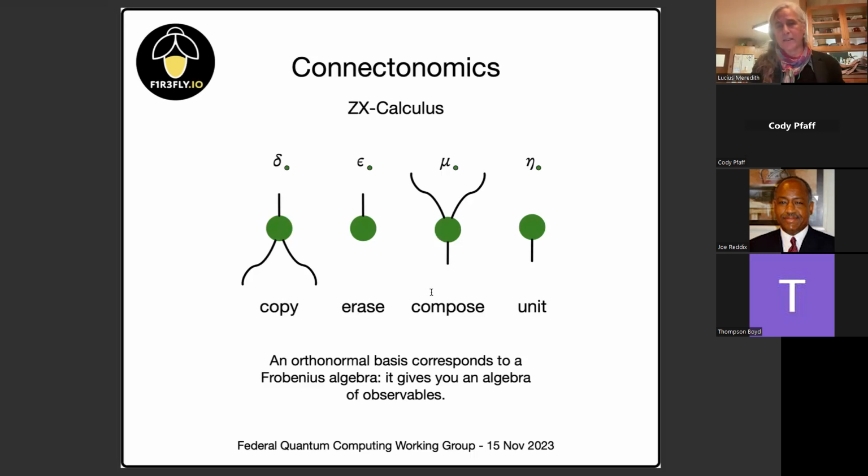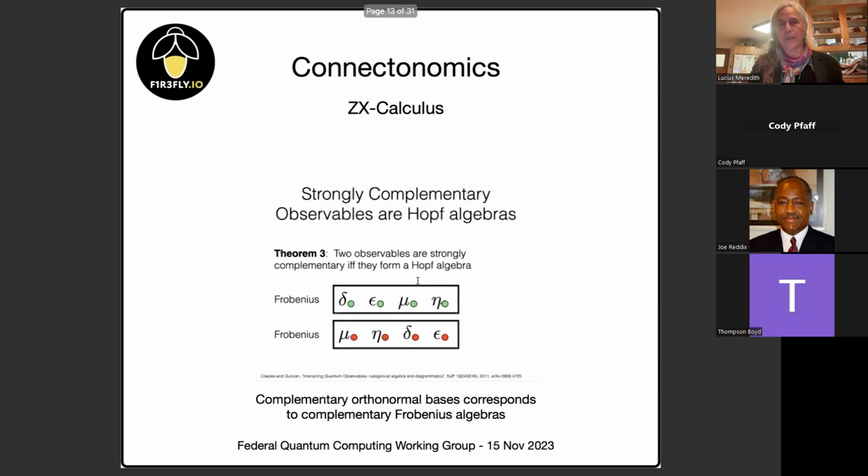It turns out that an algebra like this that obeys certain laws is called a Frobenius algebra. And it coincides exactly with the notion of observable. It coincides precisely with an orthonormal basis. And what the ZX calculus says is that we're going to grab a couple of these Frobenius algebras, and notice down here that I flipped the order.